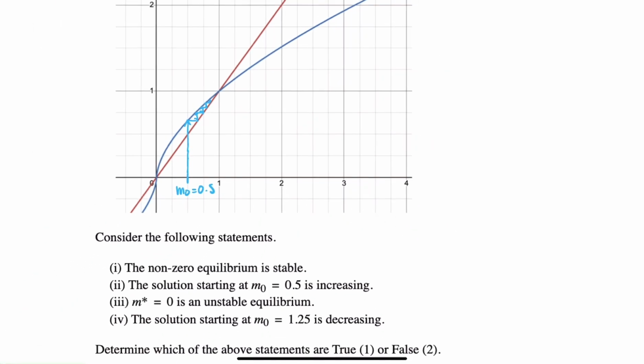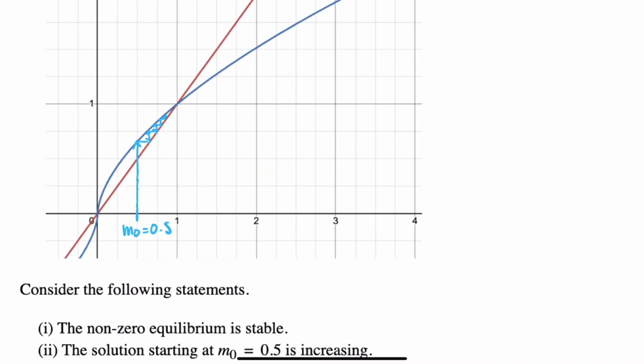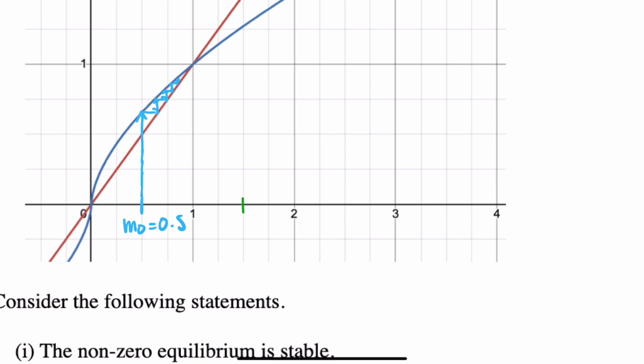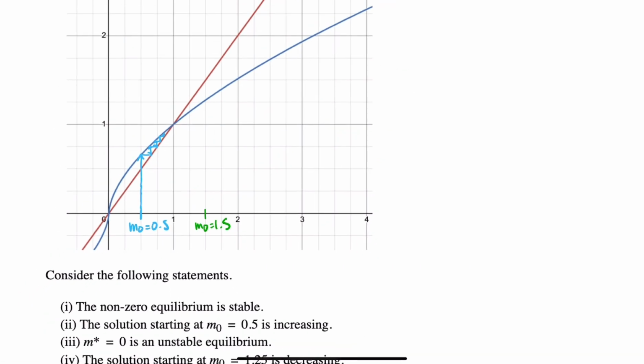So we know what the behavior is from the left. What about from the right? Why don't we choose something like 1.5? We're going to go all the way up to the updating function, which is the one in blue. And then what do you do from here? How are you going to go to the red function?